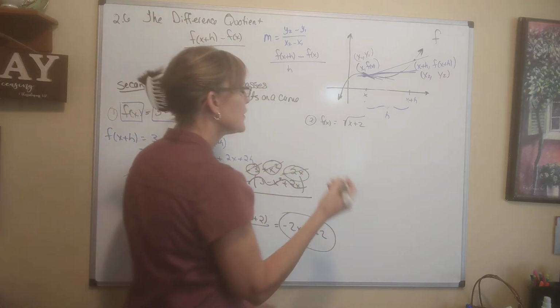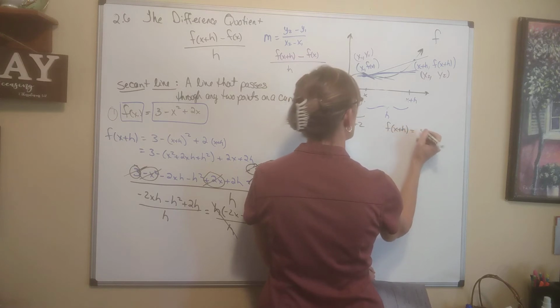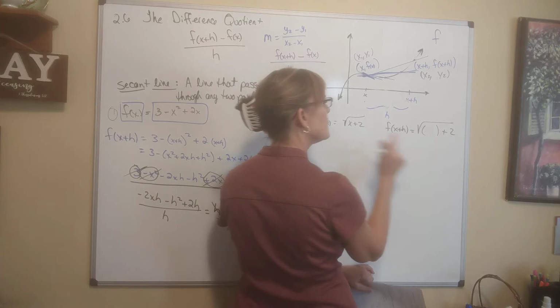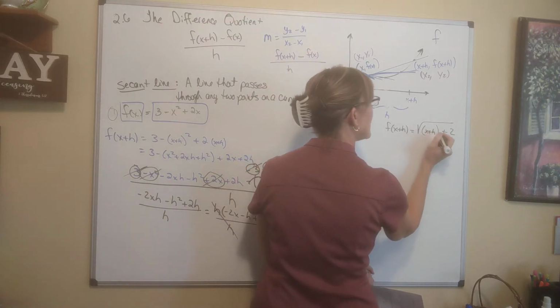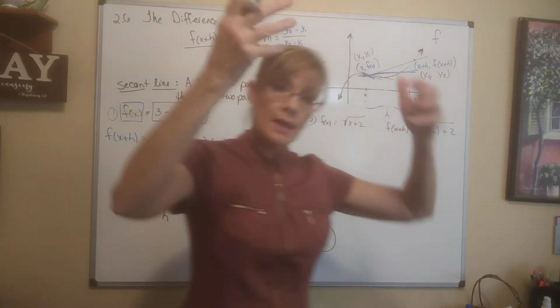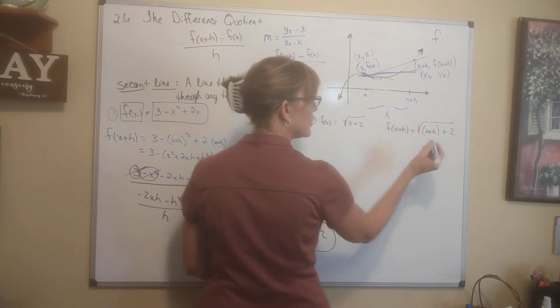Okay. Let's figure out what f of x plus h is. Well, that would be the square root of, instead of putting in x, I put in x plus h. And that's really all there was to that. So now let's construct it. F of x plus h looks like this. I'm going to do it in blue.